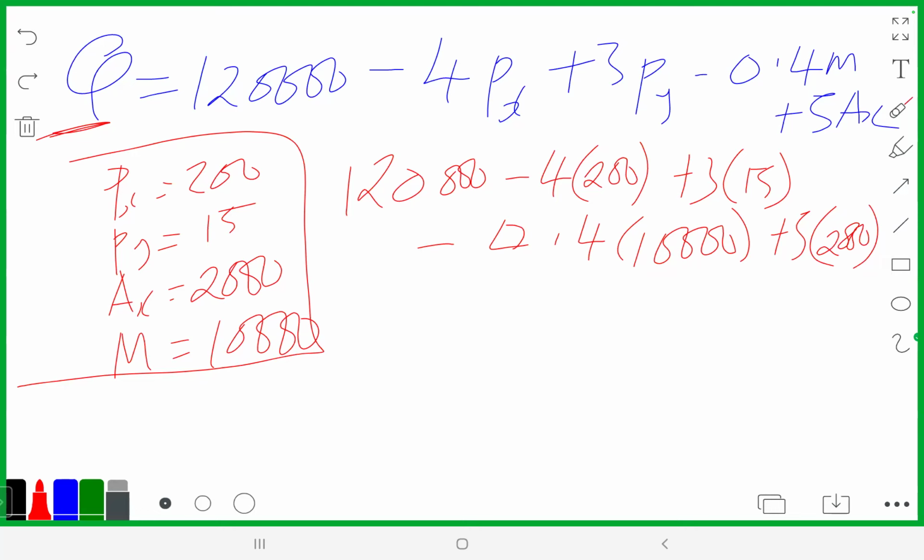Let's command the calculator and find how much we are finding.